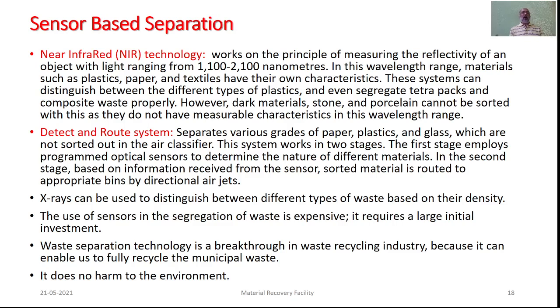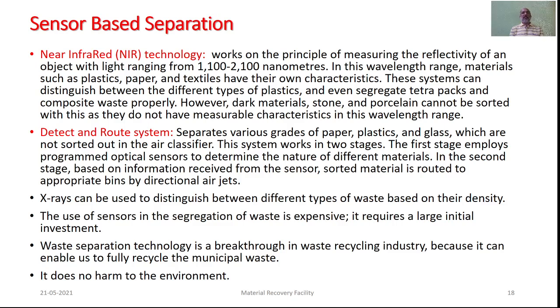There could be involvement of certain sensor-based techniques. One can make use of infrared technology. It works on the principle of measuring the reflectivity of the object with light ranging from say 1100 to 2100 nanometers. In this wavelength range, materials such as plastic, paper, textiles have their own characteristics.